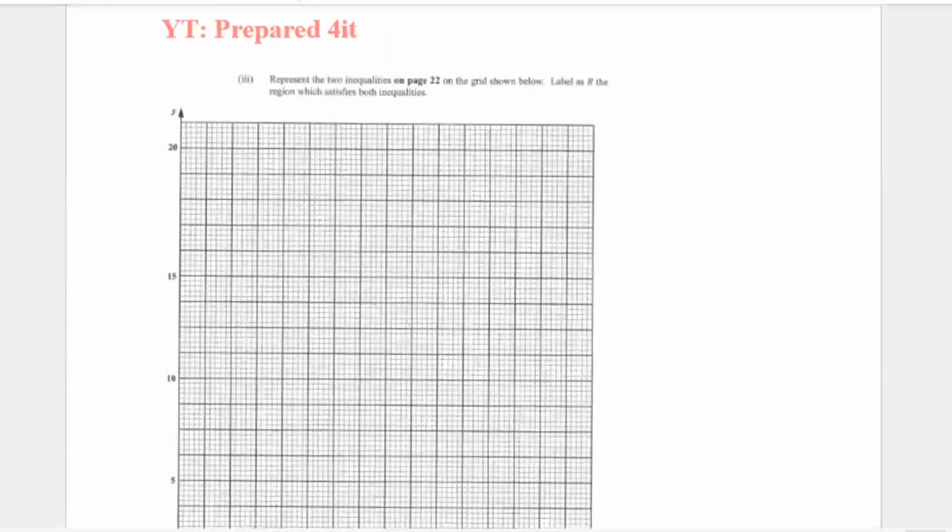Part 3 now, they say represent the two inequalities on the grid below and label as R the region which satisfies both inequalities. Now the region R would be where both shaded regions from your graph overlap. So now let us pull back our inequalities.